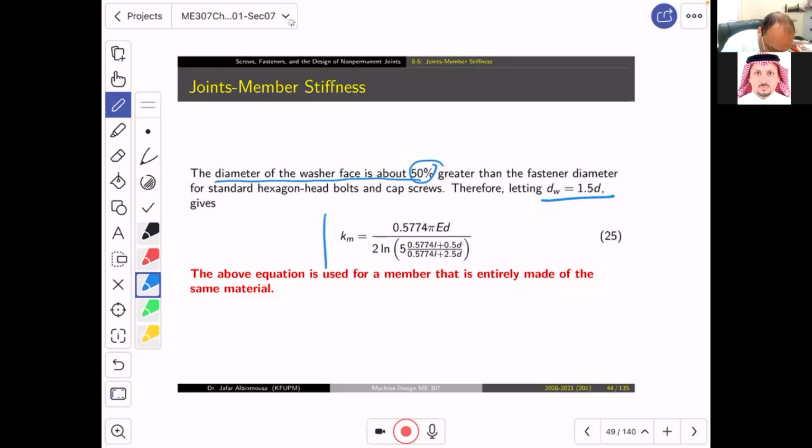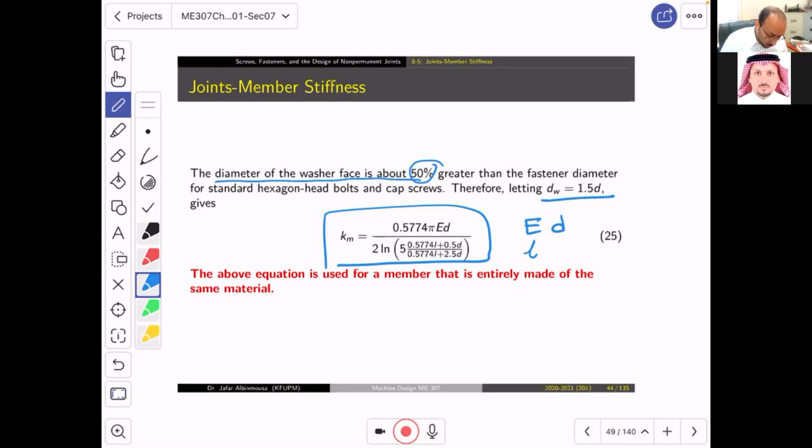This equation has E, the modulus of elasticity, D, the diameter of the bolt, and L, the length of the grip, or everything from the face of the bolt head to the face of the nut, and that's it. You put these numbers inside this equation, you get the stiffness of the entire member.